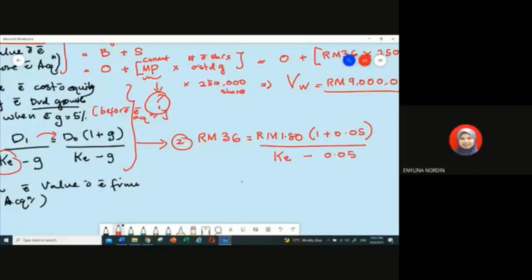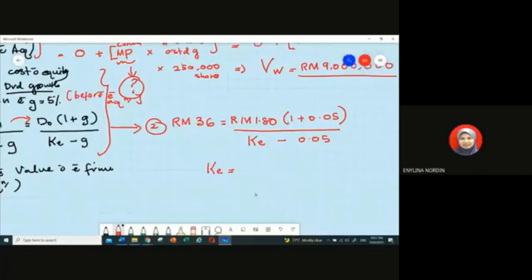Then we can use our calculator to calculate the cost of equity using the dividend growth model. We just rearrange the formula and you will get 0.1025. If you convert into percentage, it's 10.25%. So that is the KE, the cost of equity.